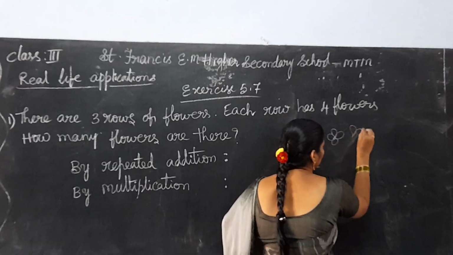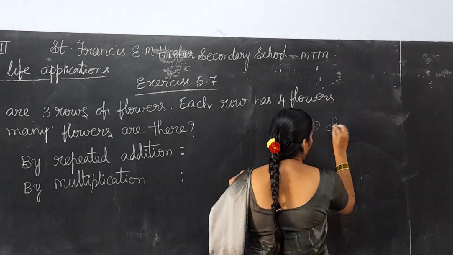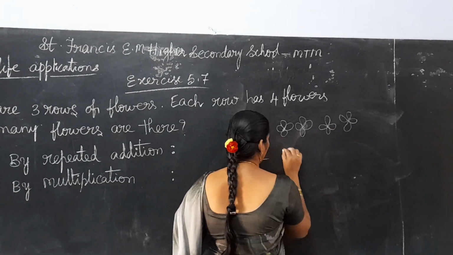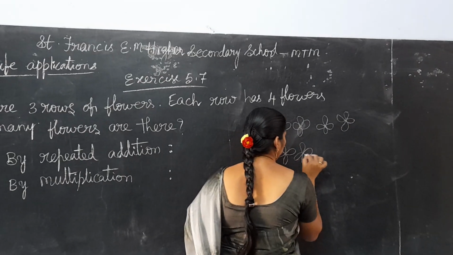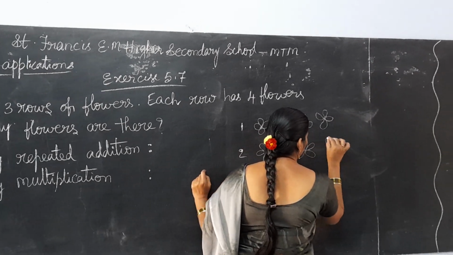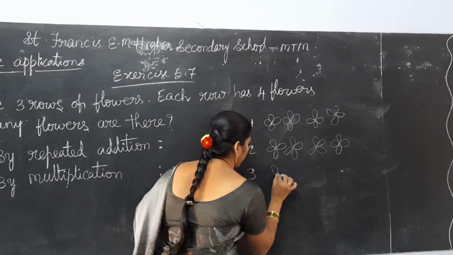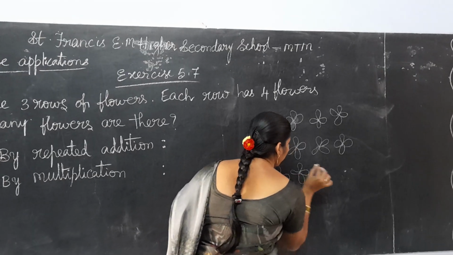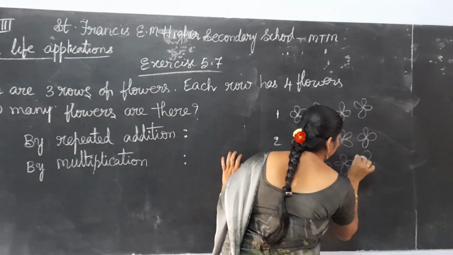Like this 4 flowers are there. So each row has how many flowers? We have to find total how many flowers.